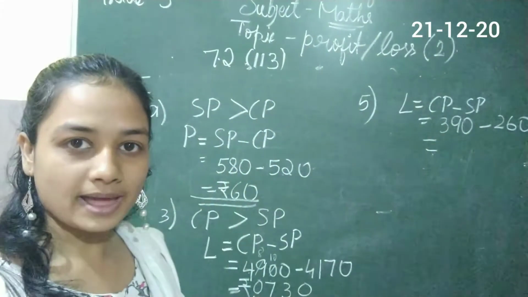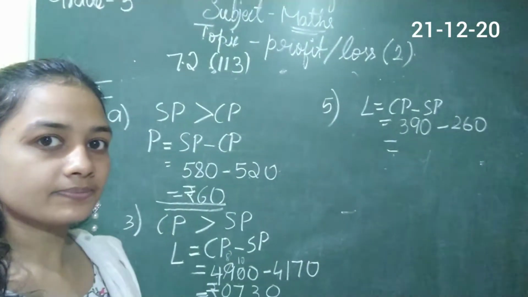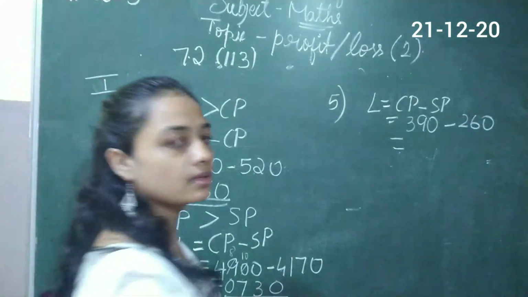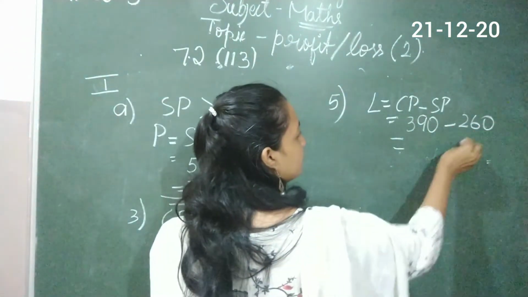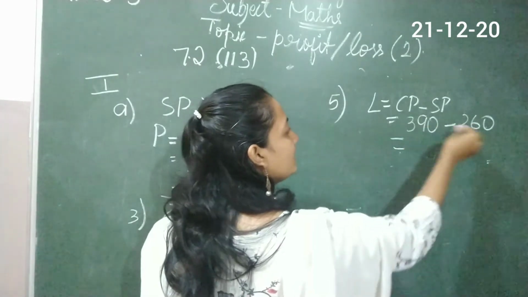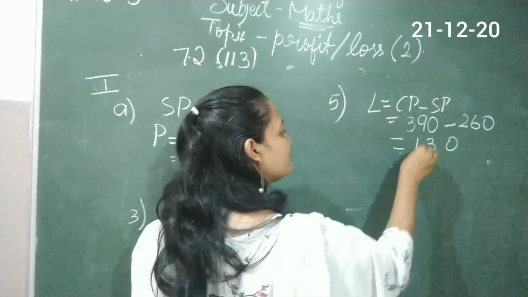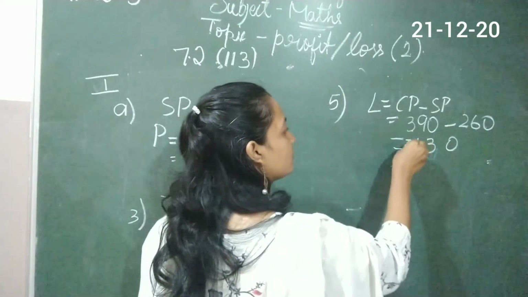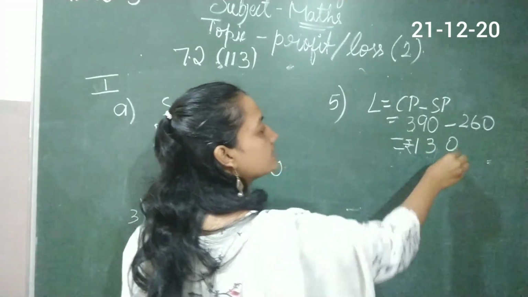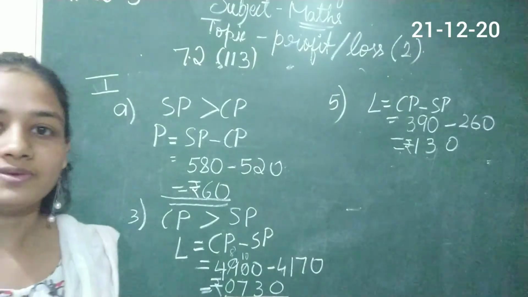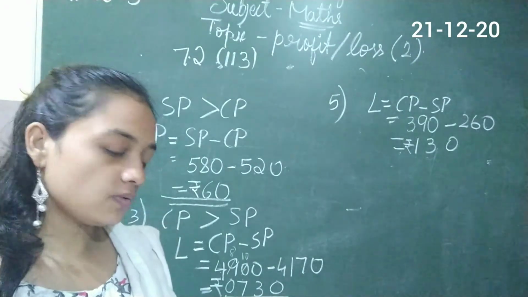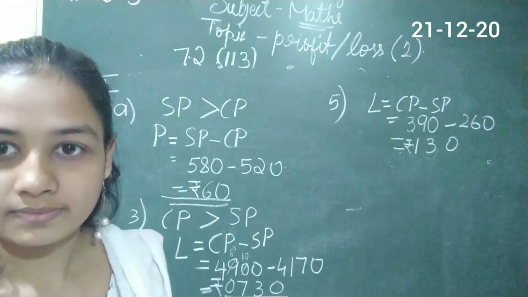So when I subtract them, what is the answer I get? 0 minus 0 is 0. 9 minus 6 is 3. 3 minus 2 is 1. So I have a loss of rupees 130. So this was the first mean. Now let's go for the second mean.